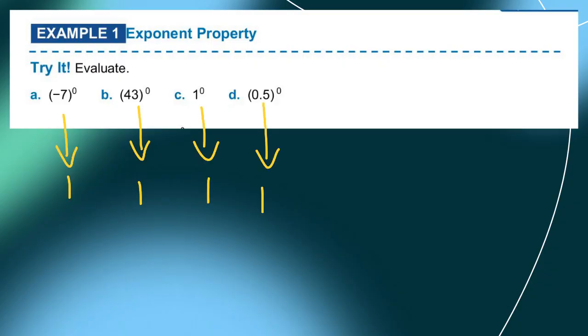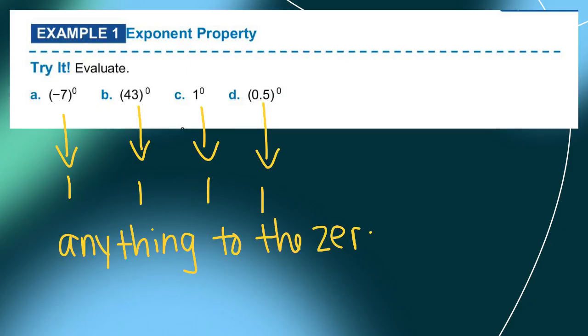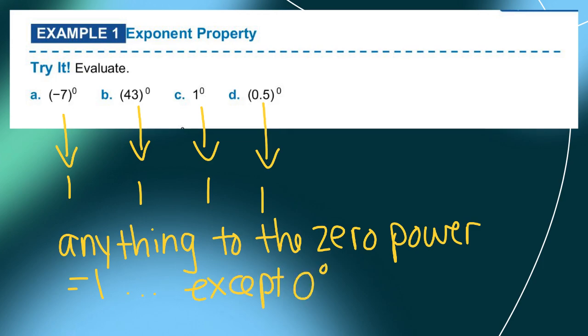Shockingly enough, these all equal 1, because anything to the 0 power equals 1, except 0 to the 0 power, and that breaks the universe.